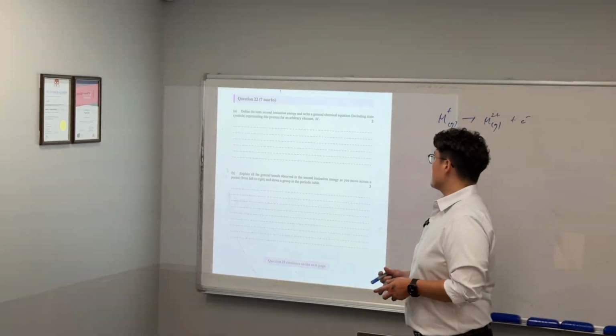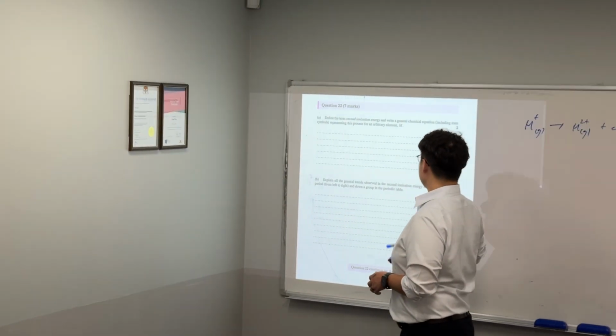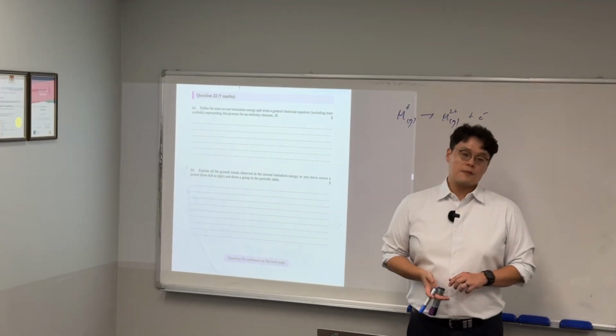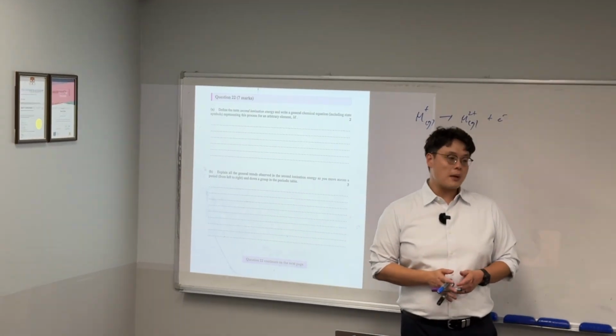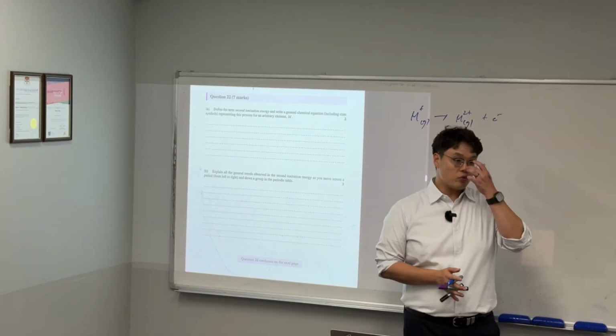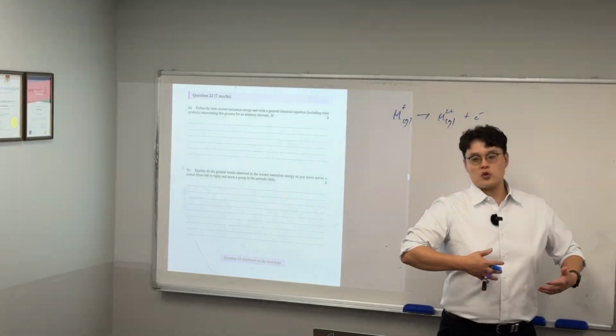B, explain the general trends observed in the second ionizing energy as you move across the period. Now, be careful with these kinds of questions. This is what I mean by do not memorize those trends, because you will have a tendency of writing down what you memorized 5 minutes before you're taking exams.